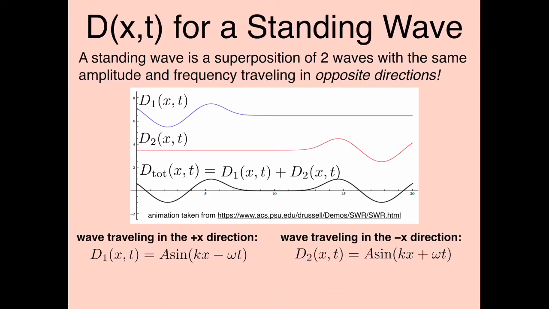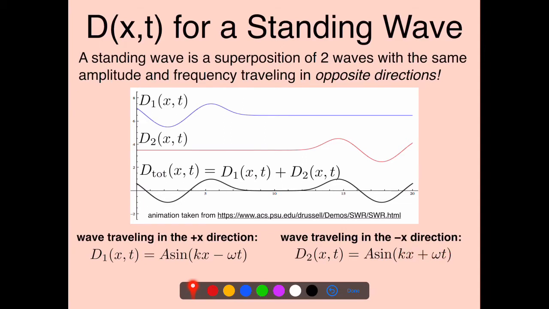Now remember, this is how we can describe a wave traveling in the plus x direction. We have D1 equals A times sine of kx minus omega t. So this negative sign indicates that we're traveling in the plus x direction. The other wave, D2, is equal to A times sine of kx plus omega t.